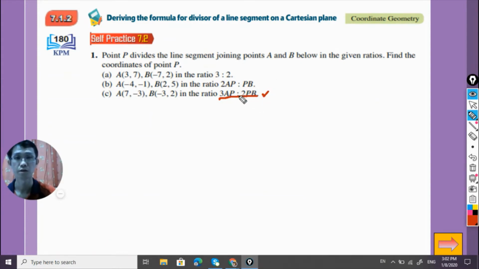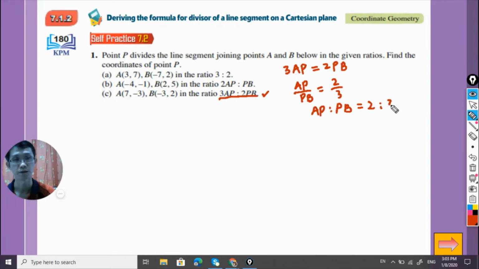So actually this ratio shows 3 equal parts of AP is the same as 2 equal parts in PB. So in other words, AP over PB will be equal to 2 over 3. So AP ratio PB is 2 to 3.